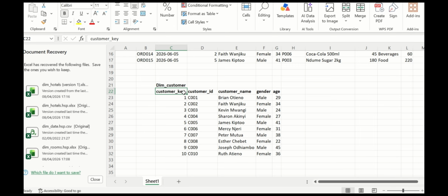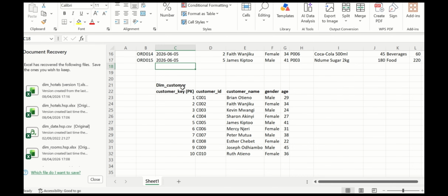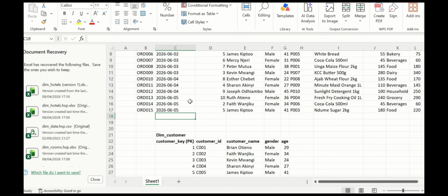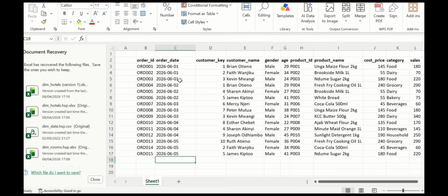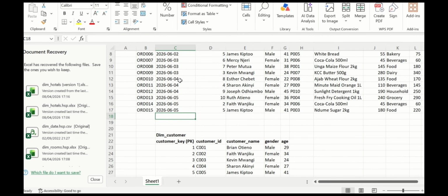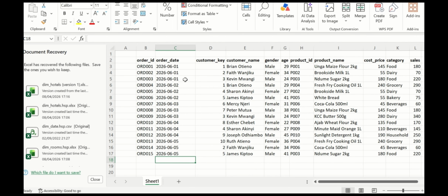So let's highlight this and label it as primary key. While the customer key in this facts table will be our foreign key.